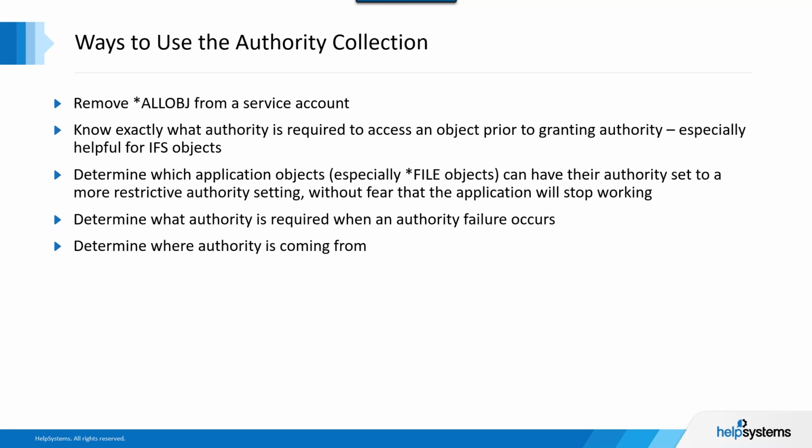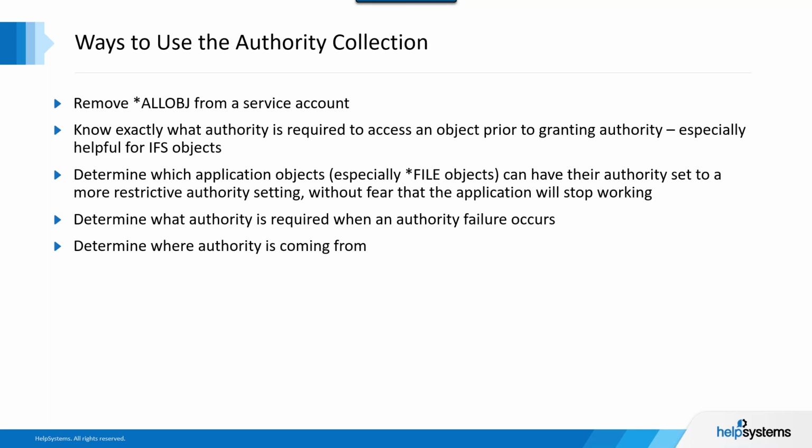Another thing is that a lot of people will often want to lock down one particular file or a set of files, or maybe a set of files in one particular library. But of course, you can't break anything. And so prior to the authority collection in V7R4, you must look at the audit journal entries, the ZR and the ZC audit journal entries, to know whether a user is reading an object or updating an object.